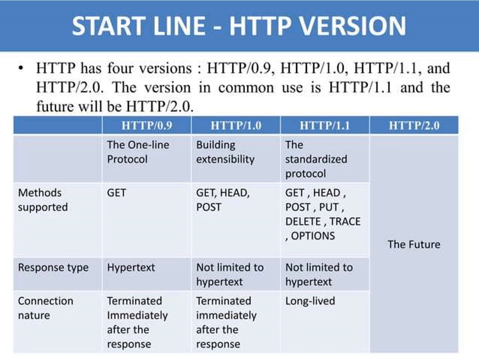Connection nature in HTTP 0.9: it is terminated immediately after the response. In 1.0, it is terminated immediately after the response, and 1.1 is long lived. Then HTTP 2.0, the future.